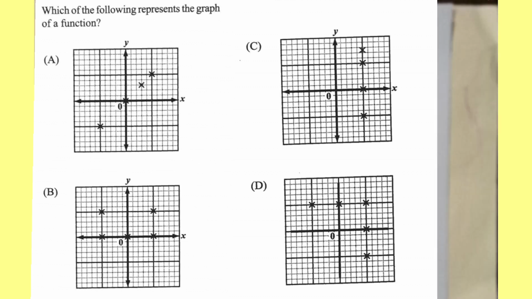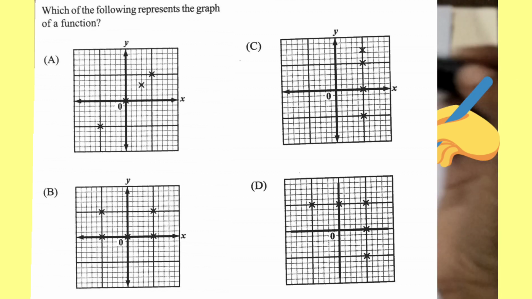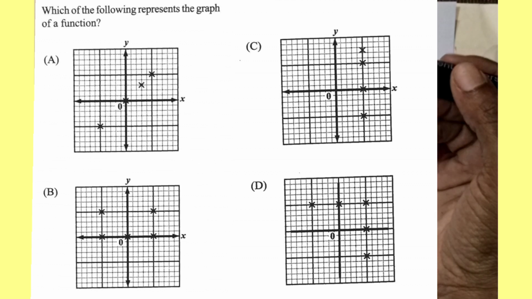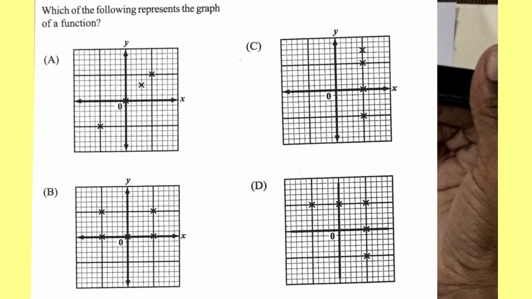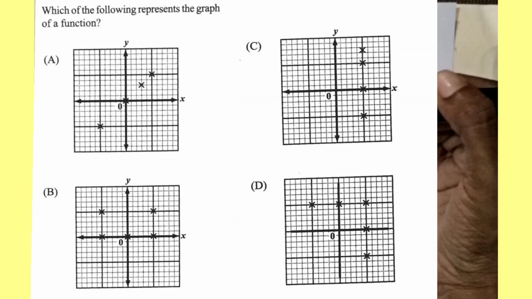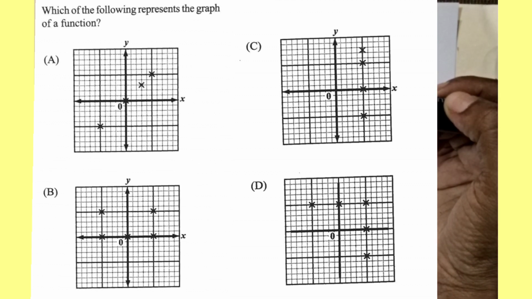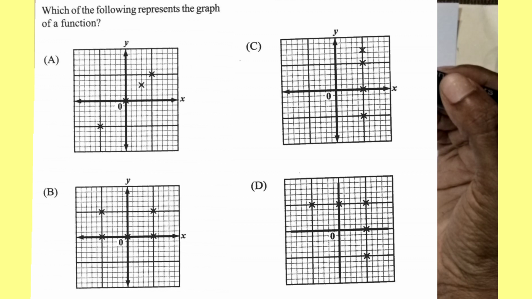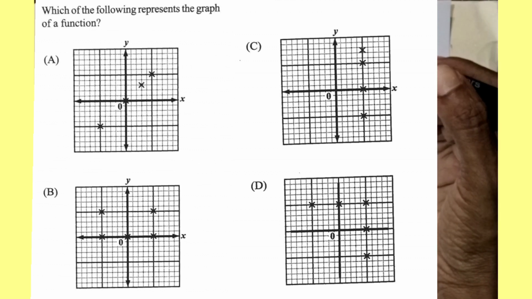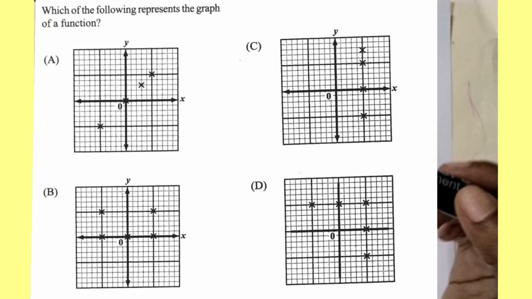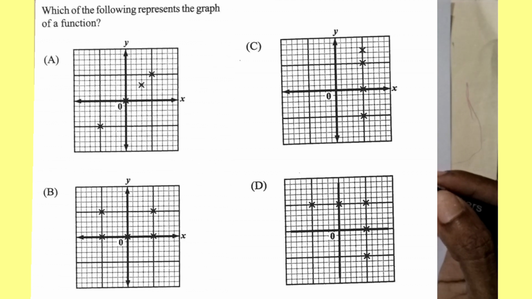So look at the graph there. I look at A and say that, oh, only one element is mapped onto one element in the range. I would just go ahead and select my A just to kill time. But I could double check on the others to make sure, reread my question, then double check on the next option just to make sure that I have chosen the correct answer.